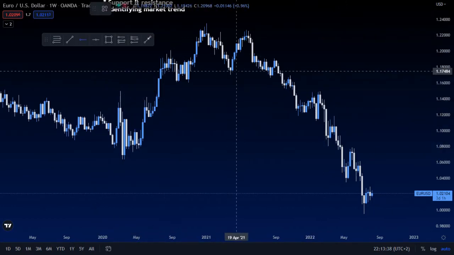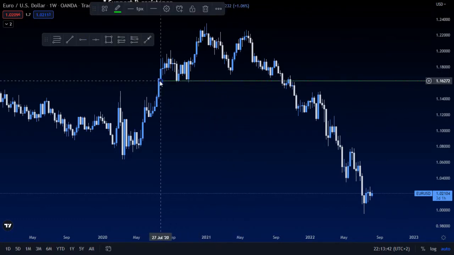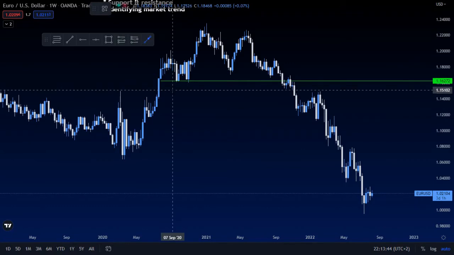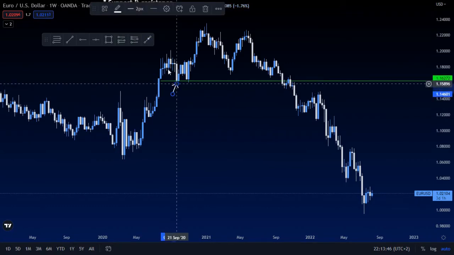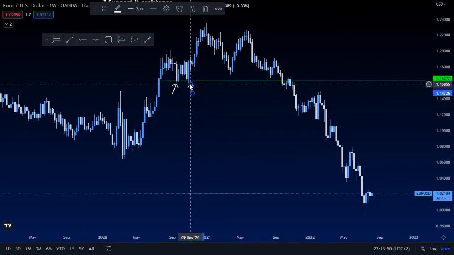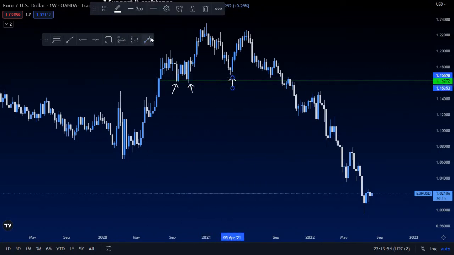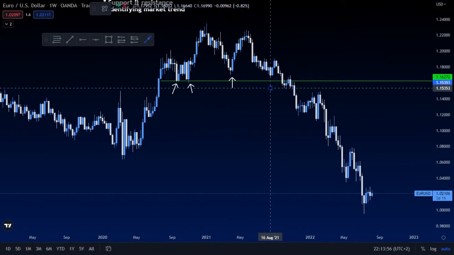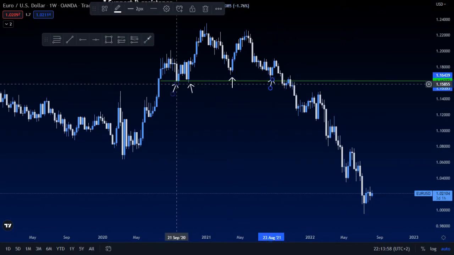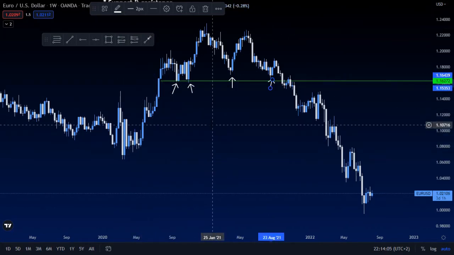So this area over here can be considered support. And the reason for that is each time the market comes to this line or near it, it bounces. So these are areas where you would be looking to buy, provided that the market has a bullish market structure.